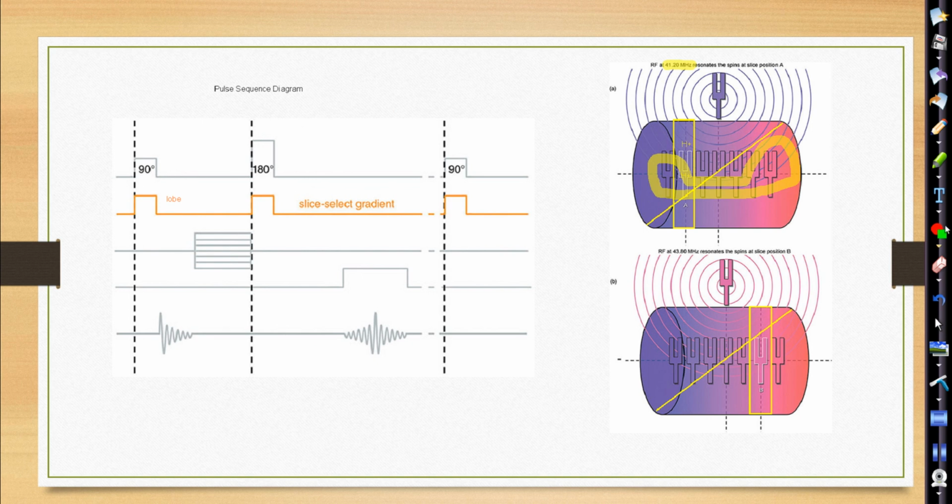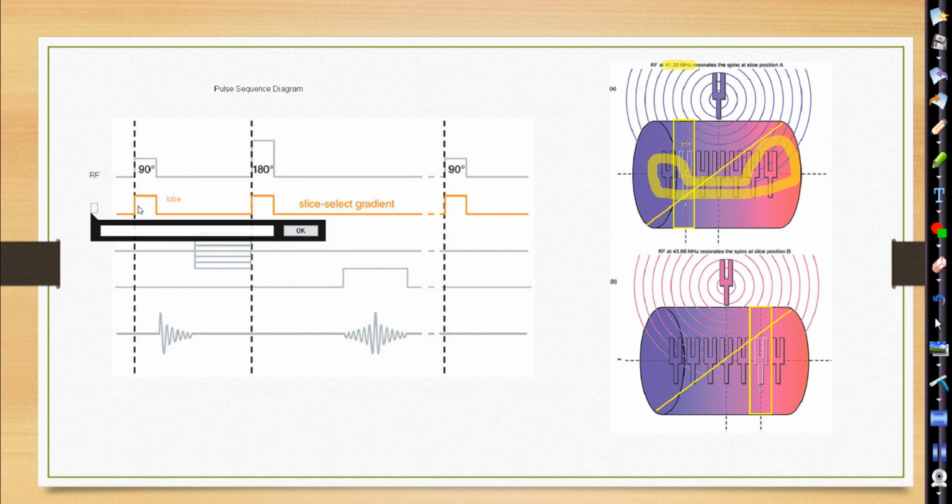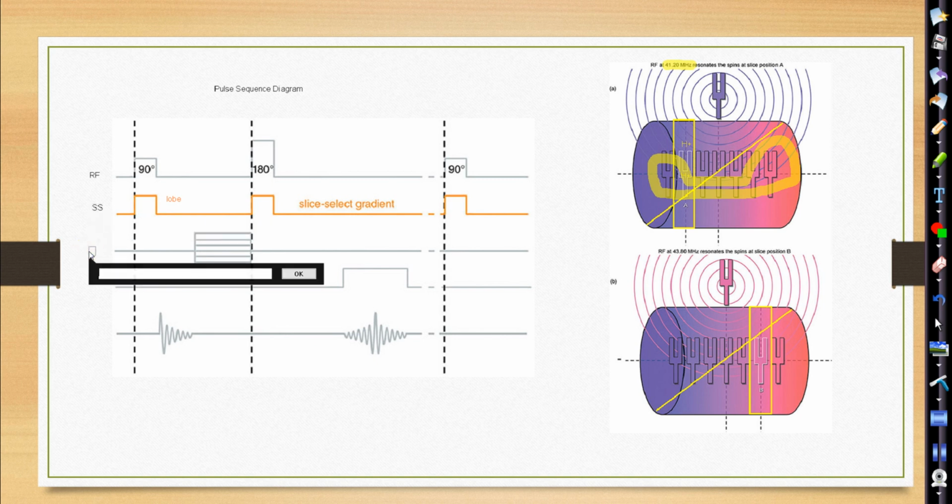Your first line of a pulse sequence diagram is always going to be your RF. Your second line is slice selection. Our third, and we'll start to cover these, is phase encoding.